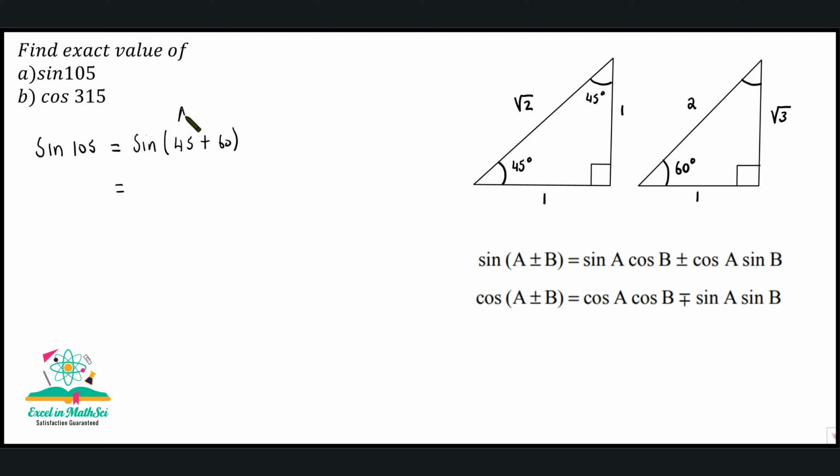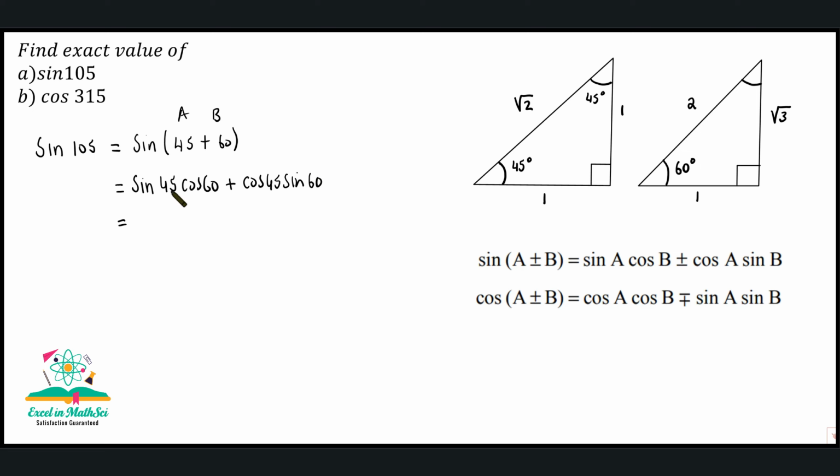So in other words, this is your A and this is your B. So we have sine of 45 cos of 60 plus cos of 45 sine of 60.